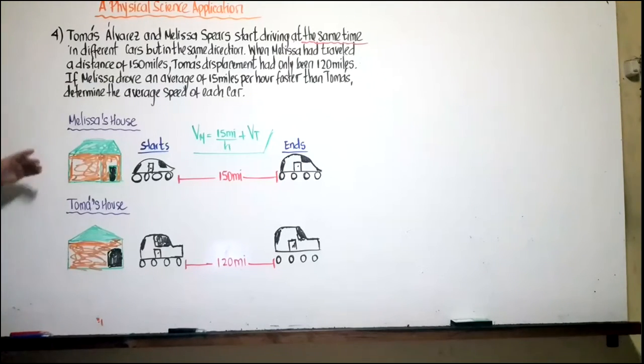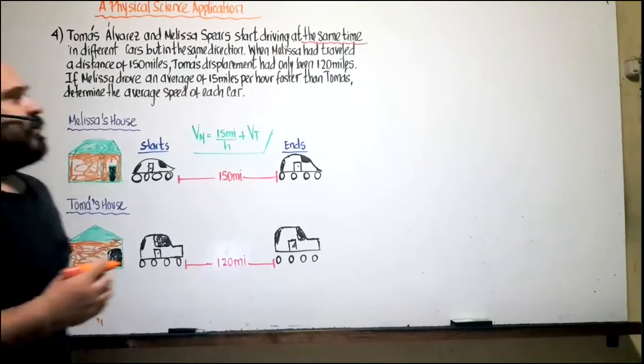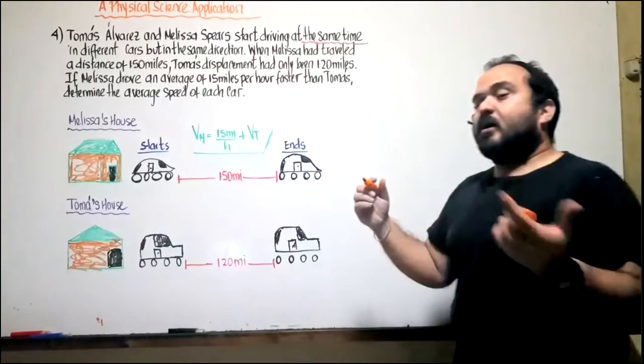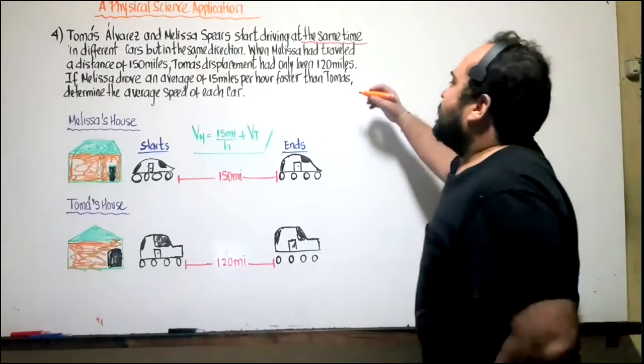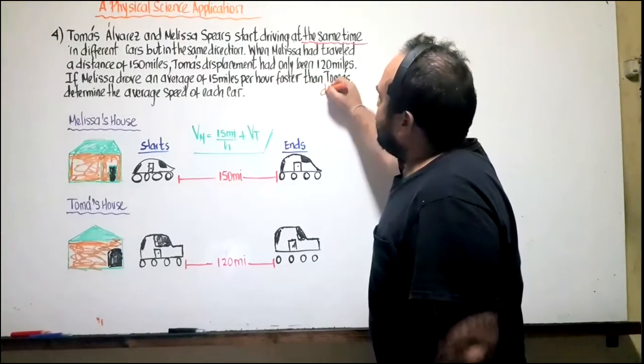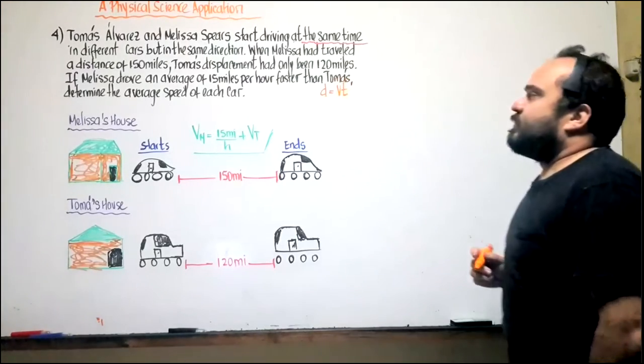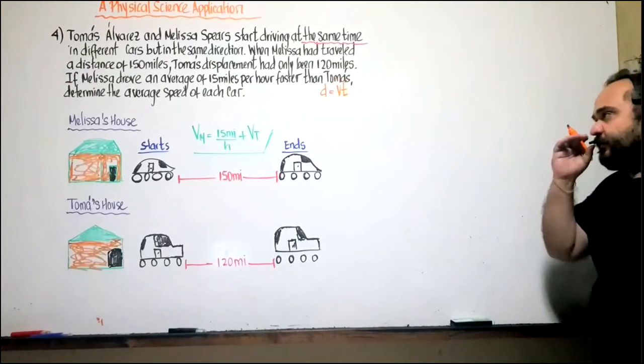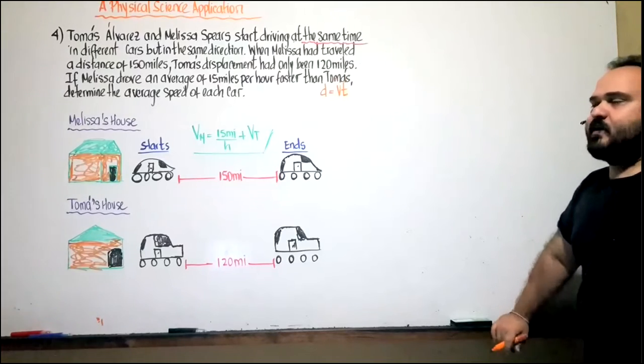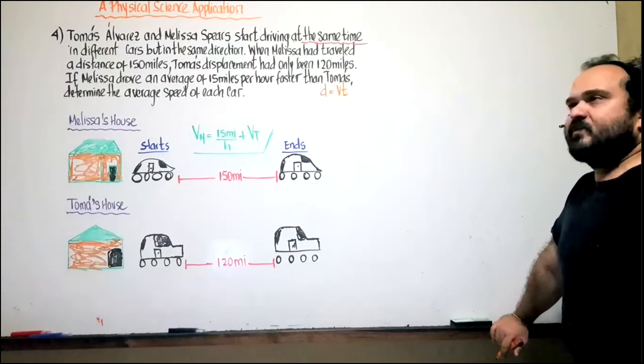What will be the application of physical science? If you remember, when studying physical science, we learn to calculate distance. The distance for any car or any particle is given by the product of the magnitude, the velocity or speed, multiplied by the period of time. I mean, d equals v times t.